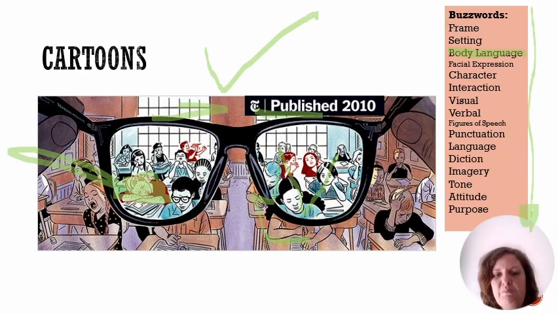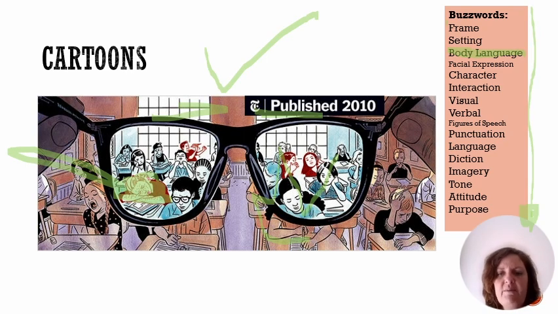That body language means that the character is bored of the lesson and they don't want to be in this class. And you'll see there are various other kinds of body language in this cartoon that show us the characters are bored. There are people who are lying on their arms, there are people who are looking downward, there are all sorts of different body languages that show us that these students are bored.